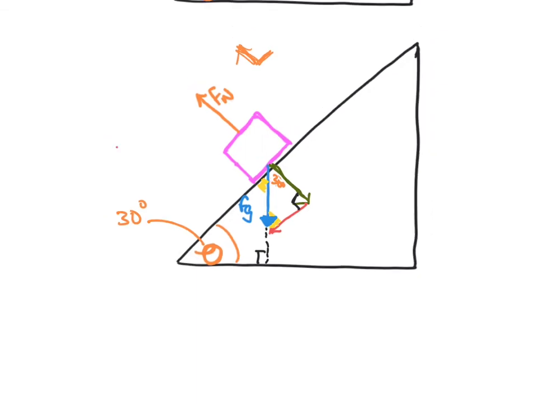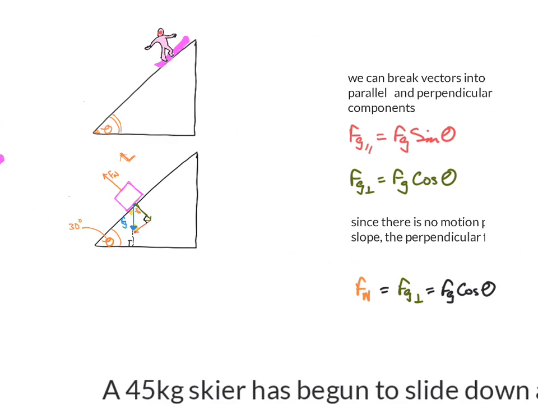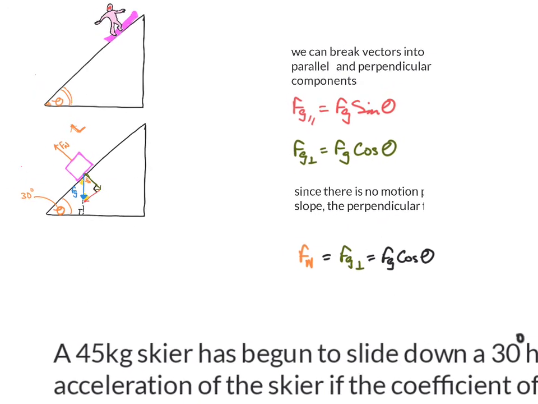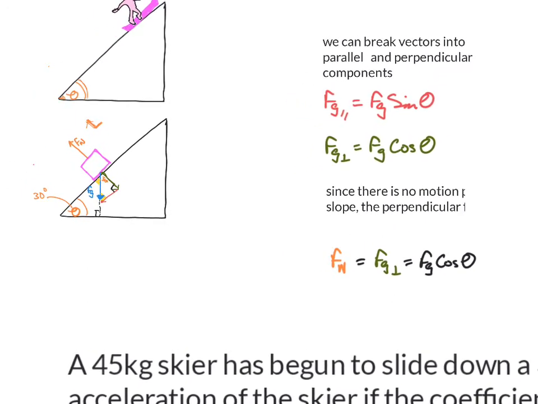So we're going to break this down into its components. It's important to say that. And when we break it into the components, we will see that FG parallel, which is sometimes called the sliding force, is the force that's going this way, or in our old diagram it was going this way.